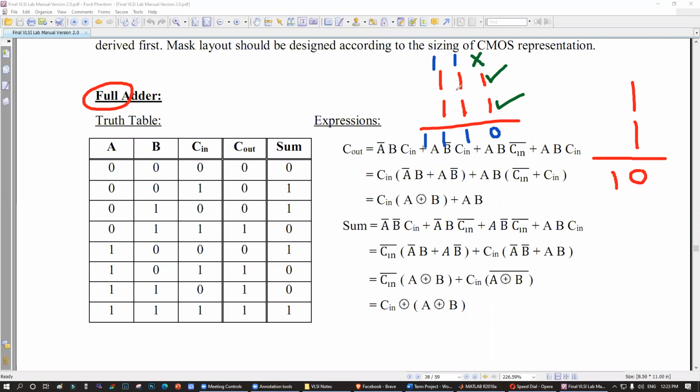Now in this case, you have 3 inputs. This addition will be done using a full adder, and this addition is done using a half adder. A half adder is used when there are 2 inputs. Full adder means when you have 3 inputs, that time you have to use a full adder. Got my point?